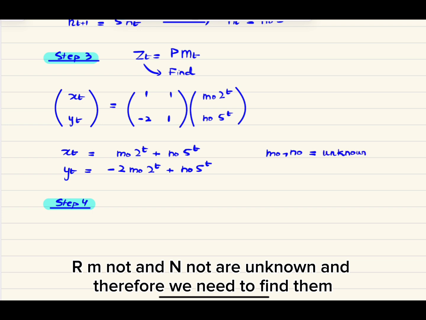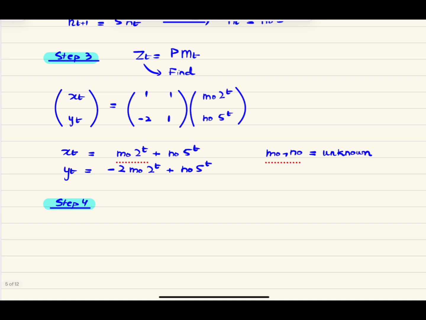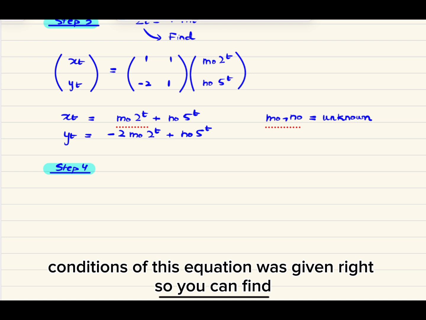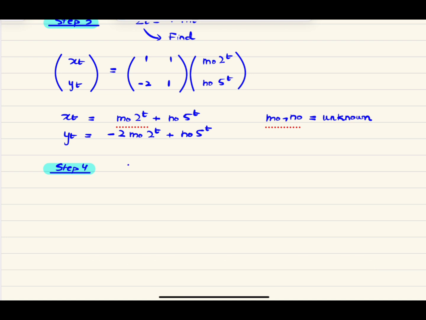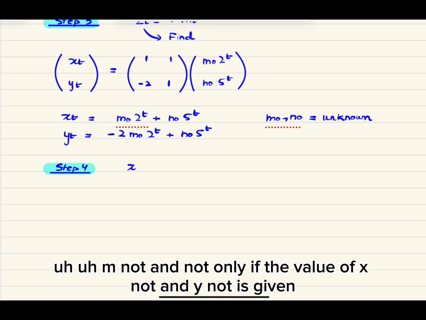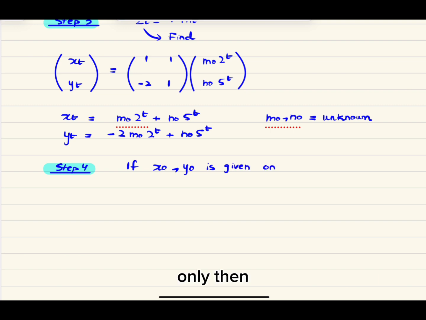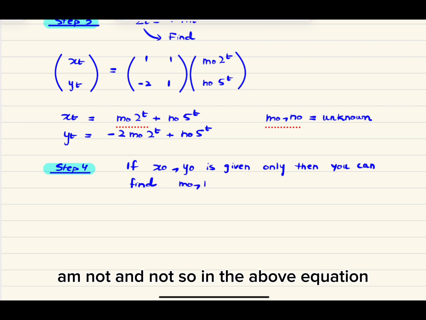unknown, and therefore we need to find them. But we can only find them if the initial conditions of this equation are given, right? So you can find m naught and n naught only if the values of x naught and y naught are given.